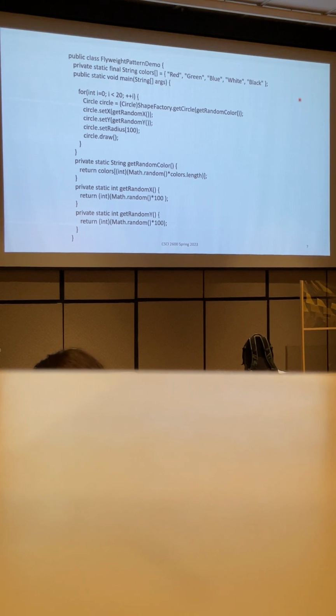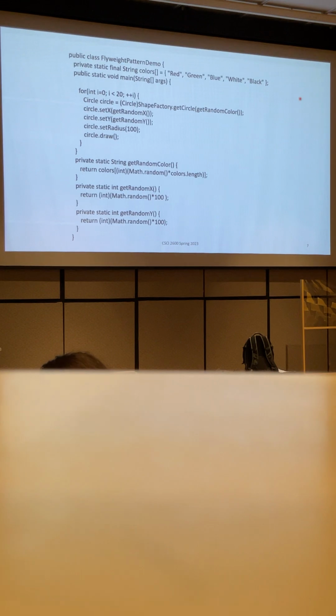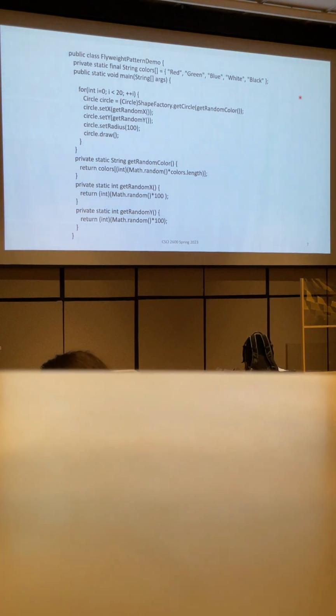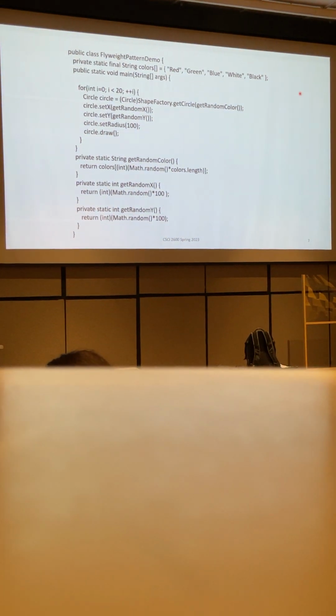Well, imagine if you just implemented this problem with a naive approach where you create a new circle with a color, x, y, and radius. And next time we need a circle with the same color but different x, y, and radius, you would create a brand new object, right?